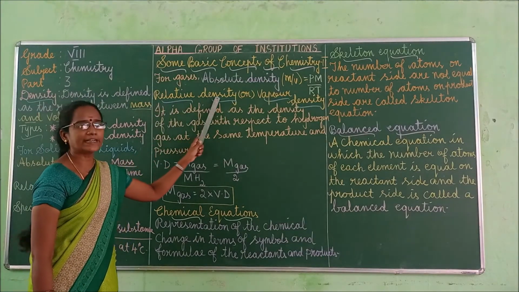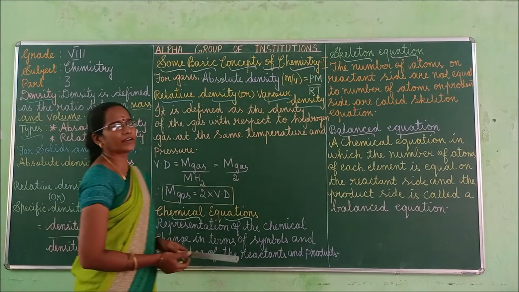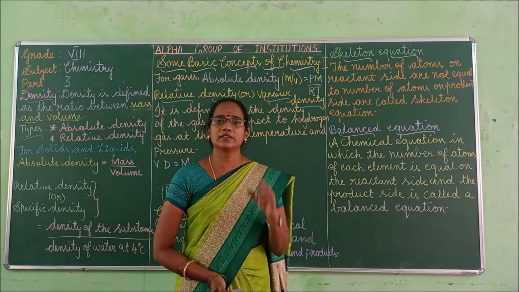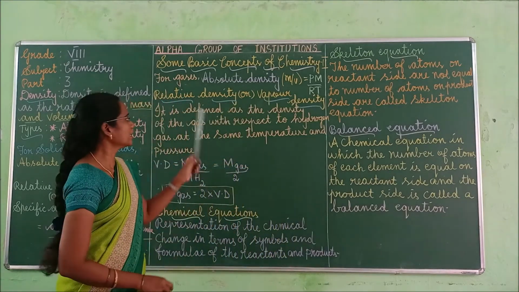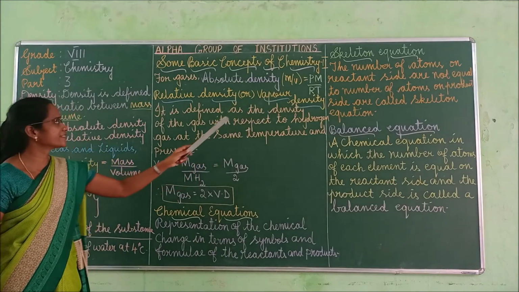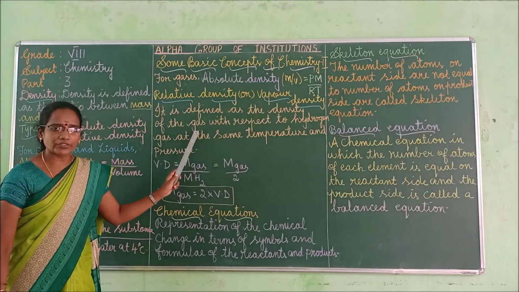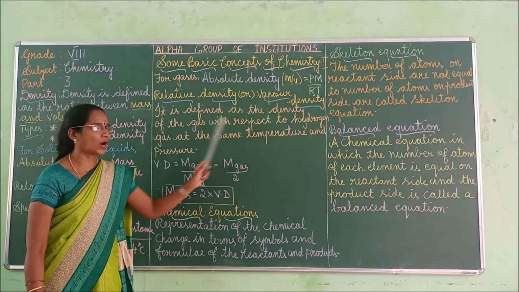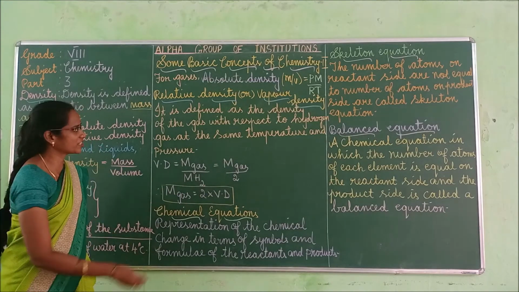Next one is relative density or vapor density. This one we have already discussed in the empirical formula videos. Relative density or vapor density is defined as the density of the gas with respect to hydrogen gas at the same temperature and pressure.